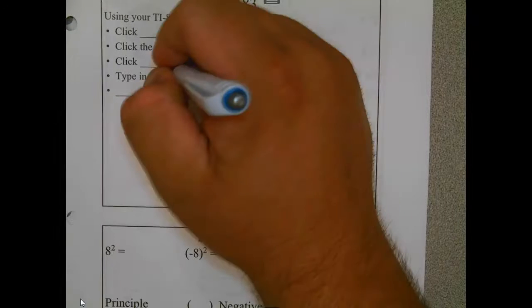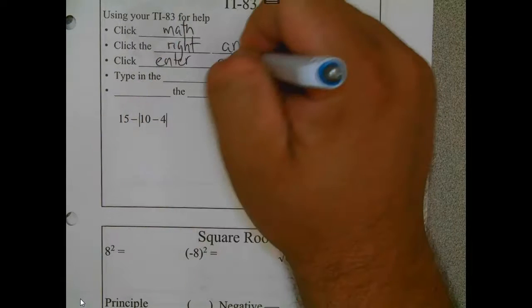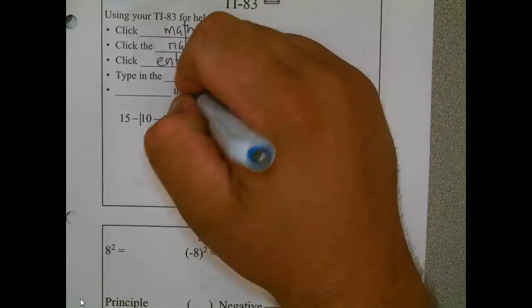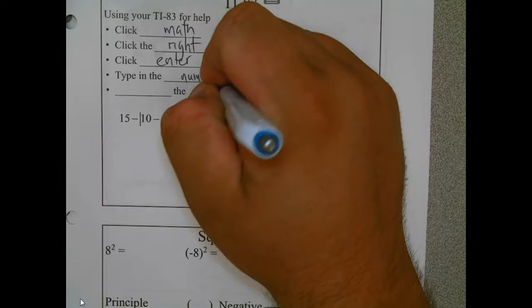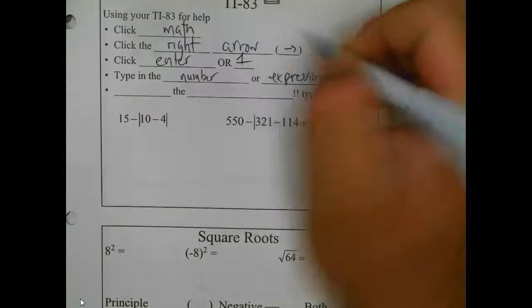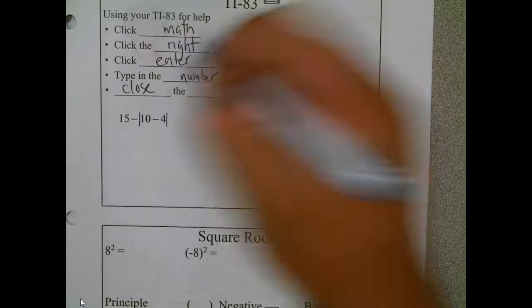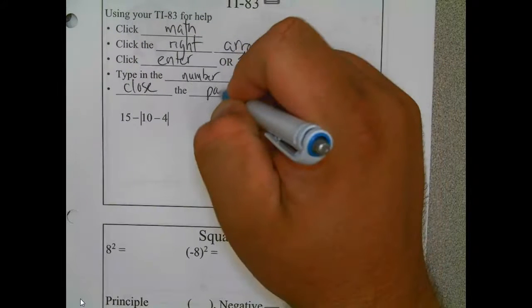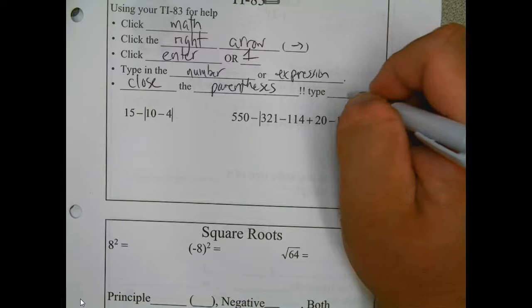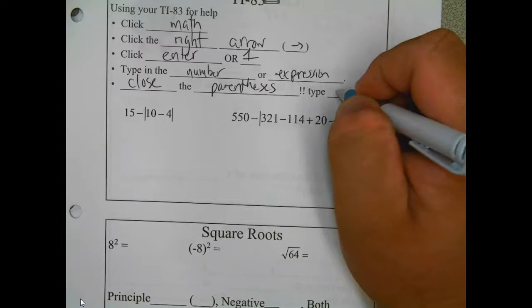And then you're going to click Enter or 1. You type in the number or expression. And then you close the parentheses. And then you hit Enter.